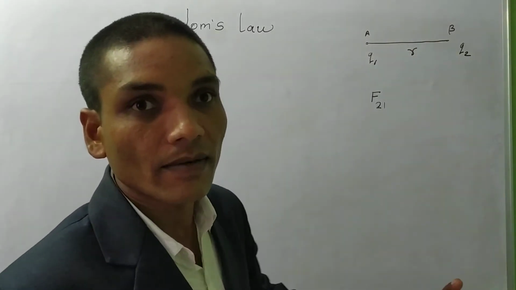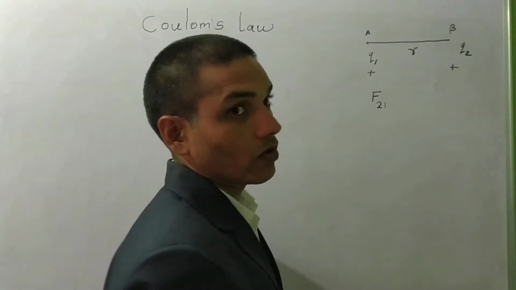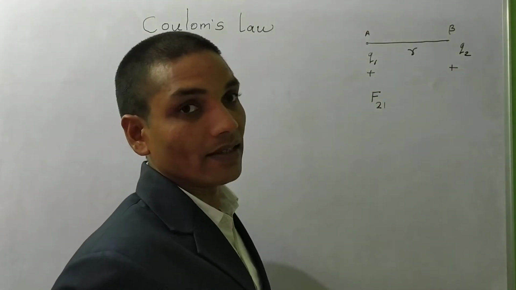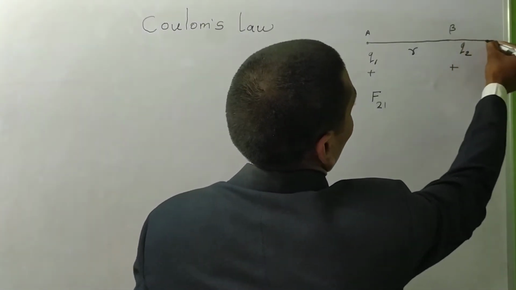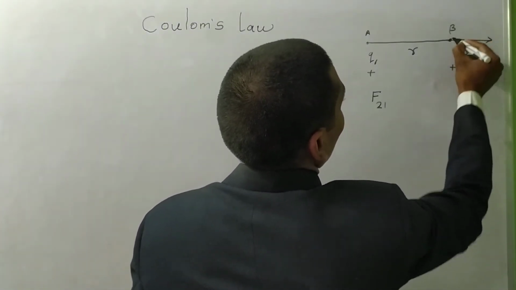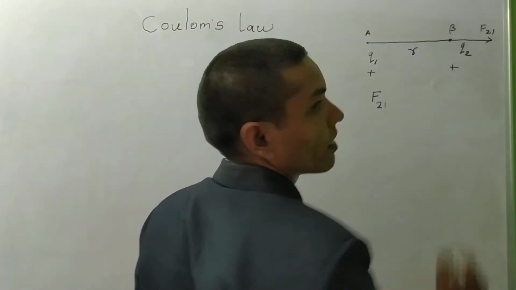In the first case, if this is a positive charge and this is also a positive charge, meaning like charges, the direction of the electrostatic force will be along this direction, and this force will be F21.